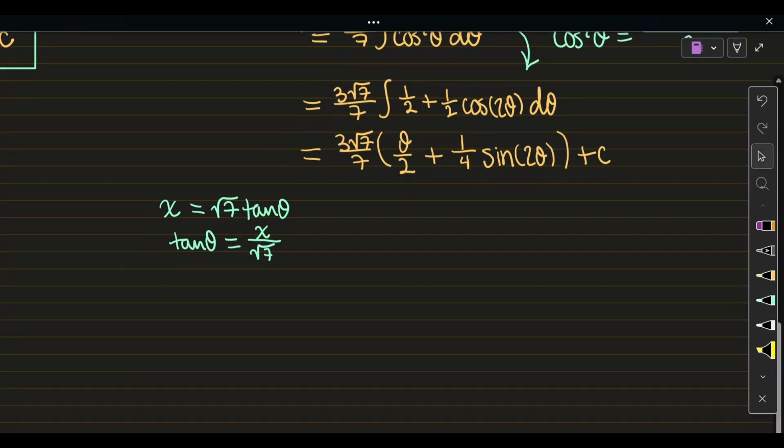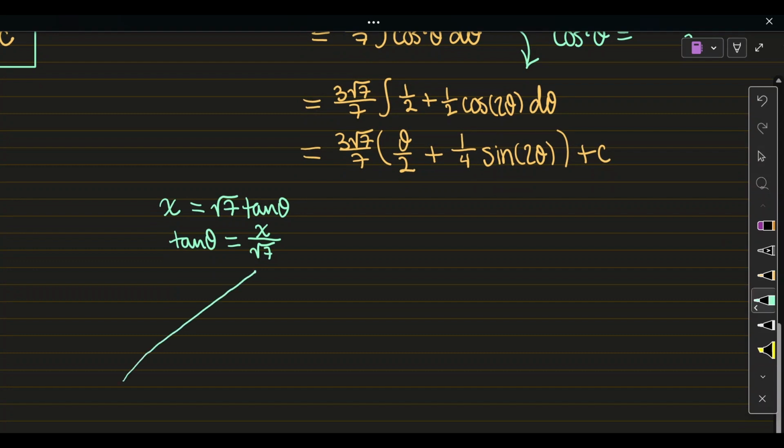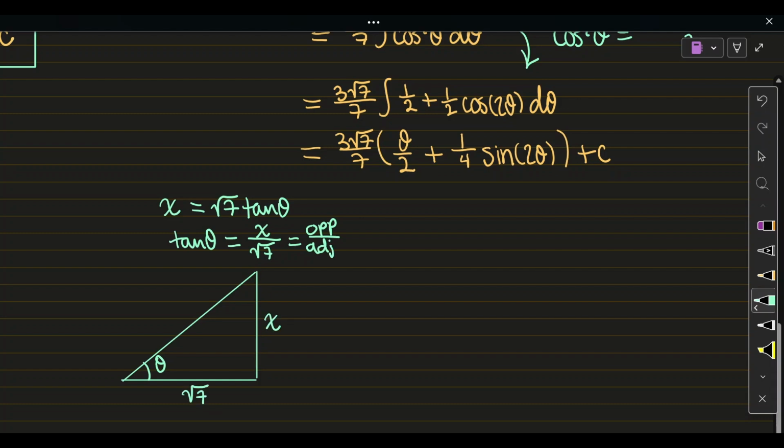Now I can draw a right triangle based on this with angle theta to determine what my other trig functions of theta are going to be. Tangent is opposite over adjacent, so my opposite side is x, my adjacent side is the square root of 7, and my hypotenuse is going to be the square root of x squared plus 7. And you can find that very easily by using the Pythagorean theorem.